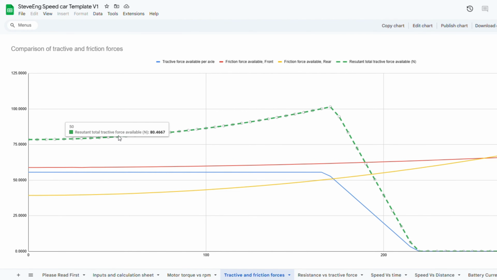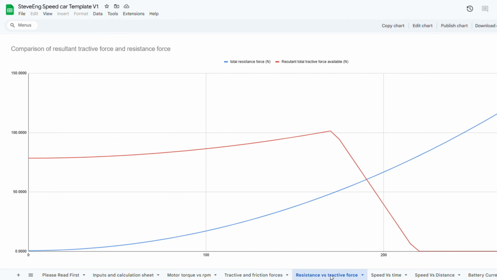So that's the equivalent to the tractive force per axle times 2. And you can see that it's just double the friction force available at the rear axle, because that's the one that's limiting our traction. Up to the point here where the tractive force available starts tailing off because our motor torque is tailing off. So that's why it gradually increases, because the friction's going up, and then goes down because we're losing torque from the motor.